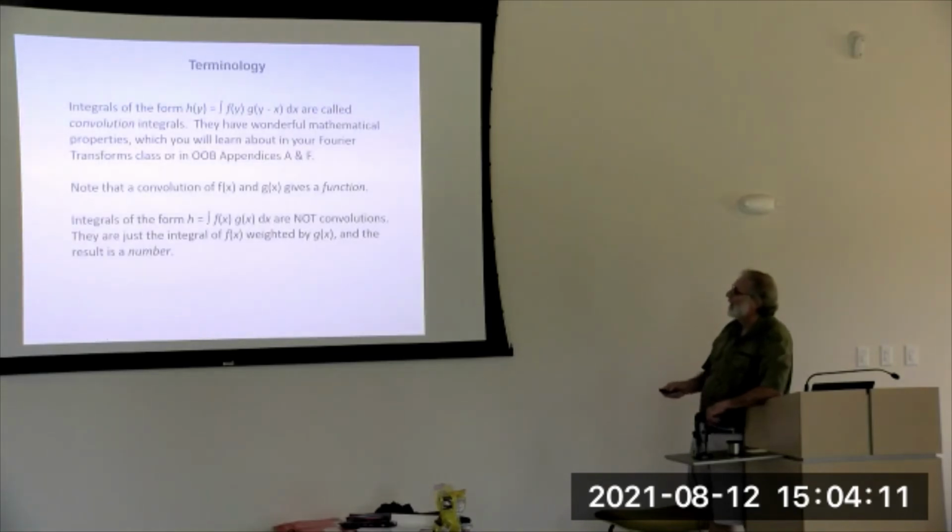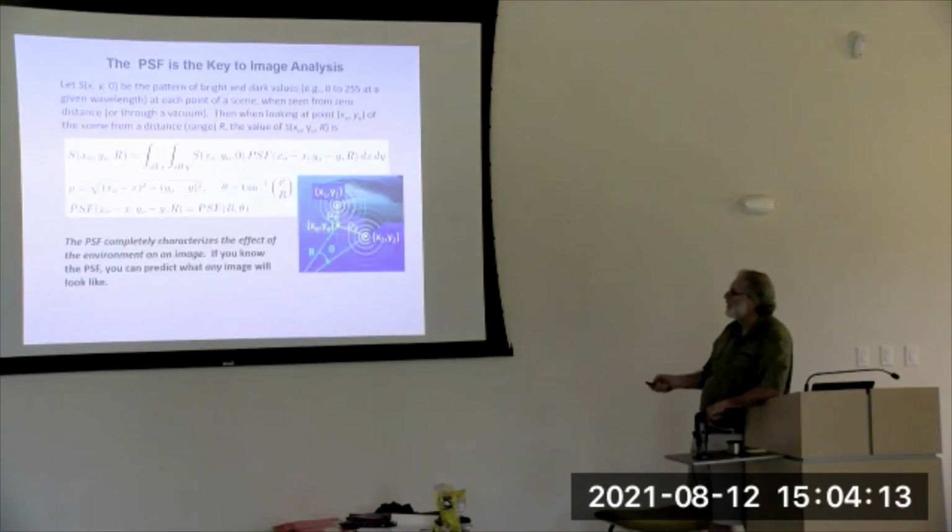So anyway, just a comment here. Notice that this integral is giving me a function of x naught and y naught at a distance r, starting with the image at distance 0, and then the point spread function at x minus x naught and y naught minus y, integrated over all of x and y.